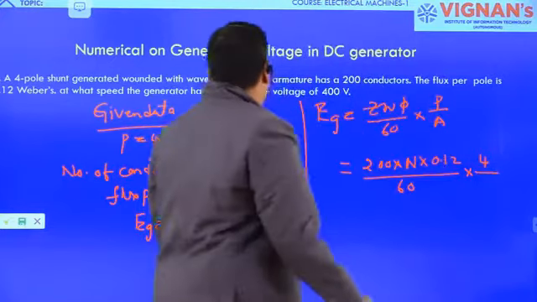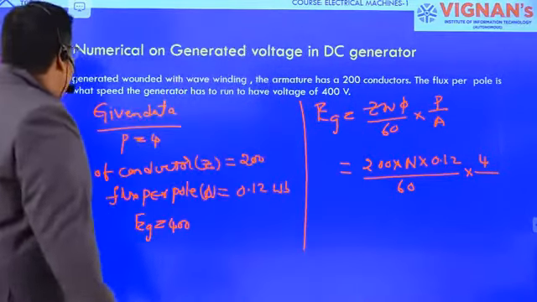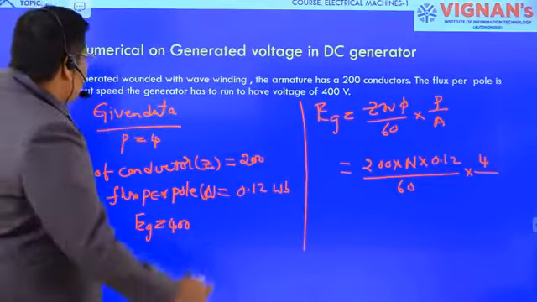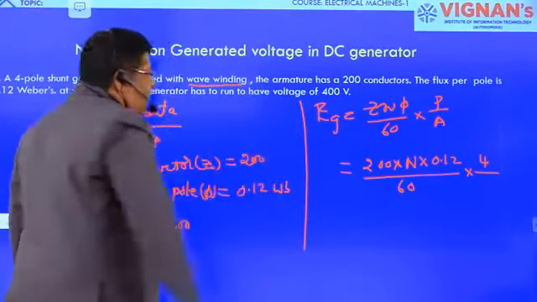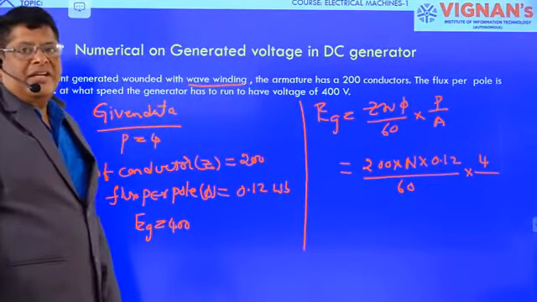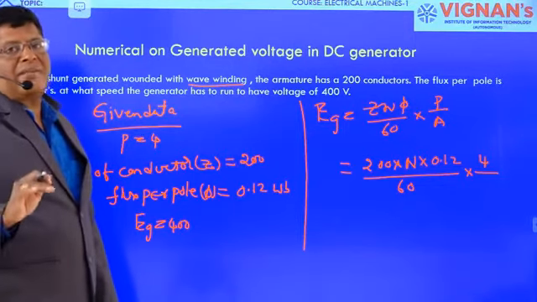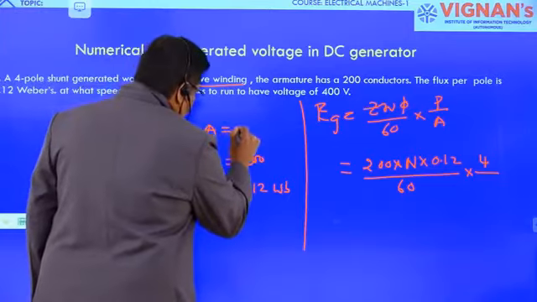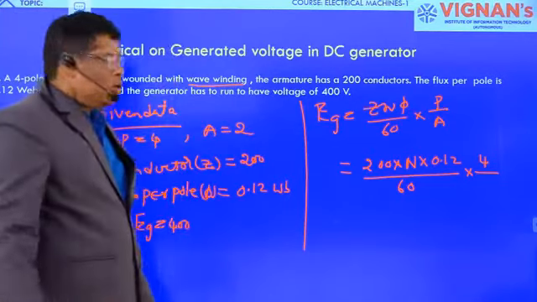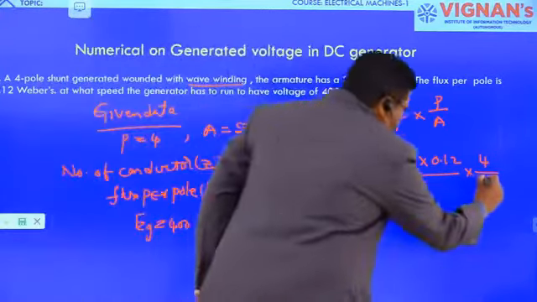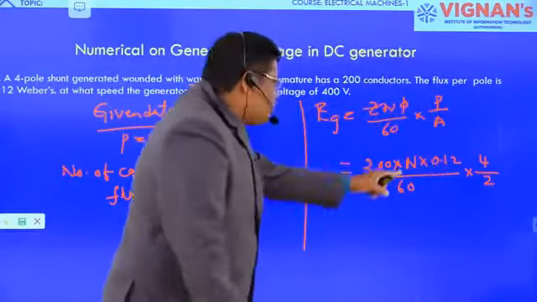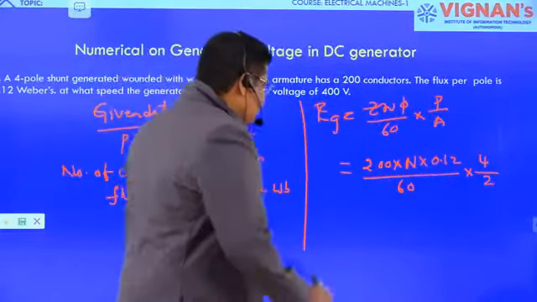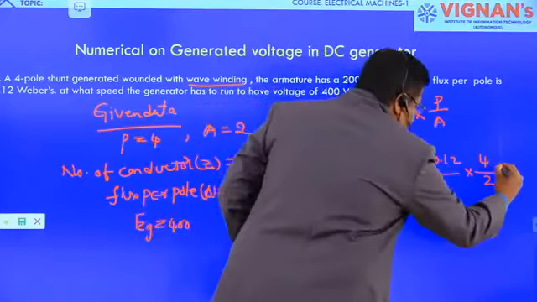But here, what is the type of winding? The type of winding is wave winding. Wave winding means the number of parallel paths in the armature is equal to 2, nothing but A equal to 2. Now you take the same value here, 2. This is equal to the generated voltage, that is 400.